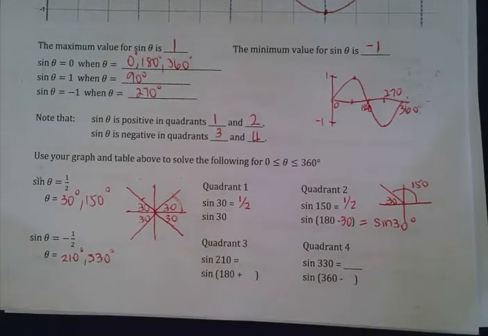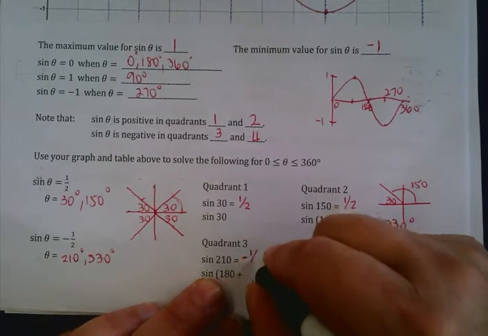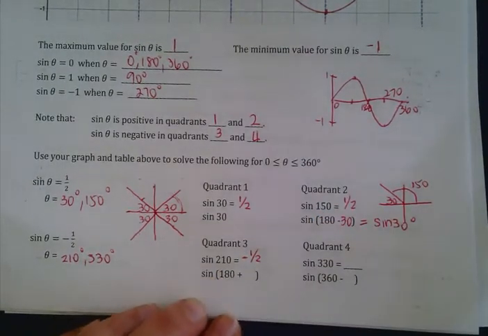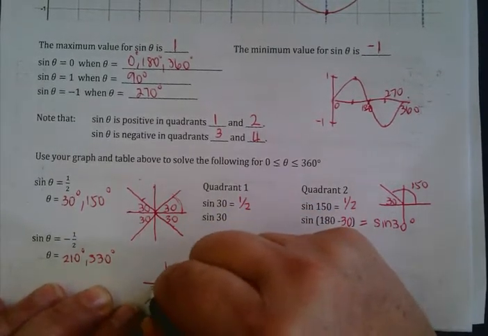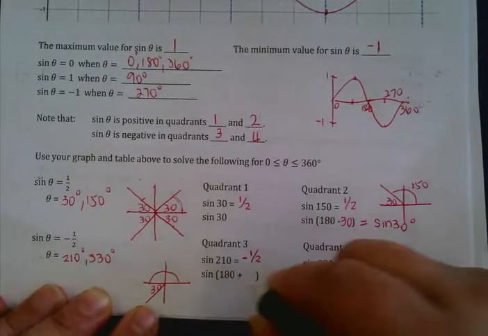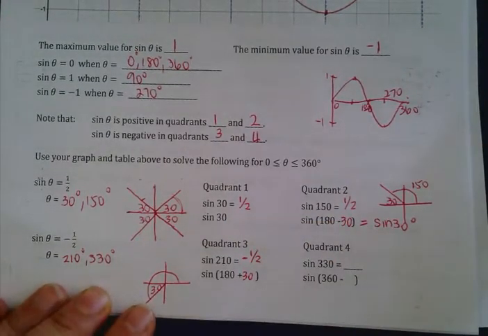But look at quadrant 3. So sine of 210 is negative a half. But if I look at quadrant 3 with a 30-degree angle there, how does that get formed? Isn't it 180 plus 30? I'm going to write something here in a minute.